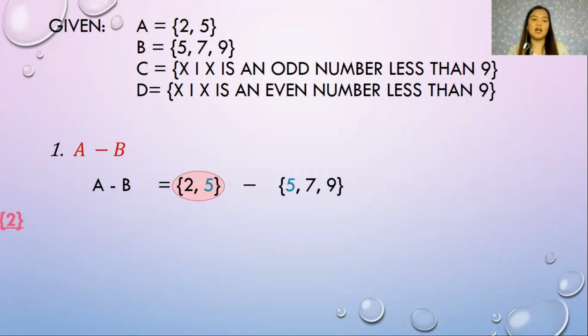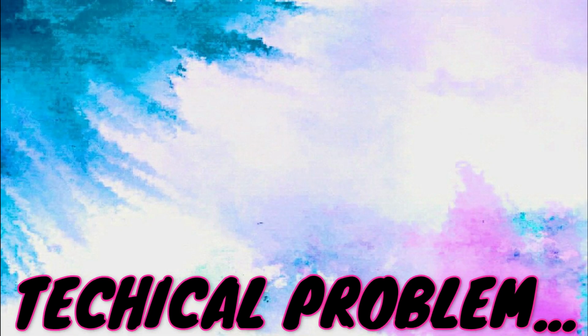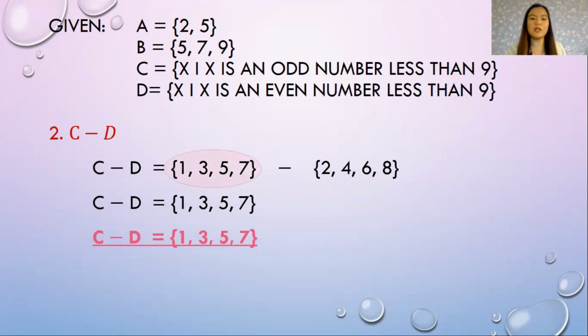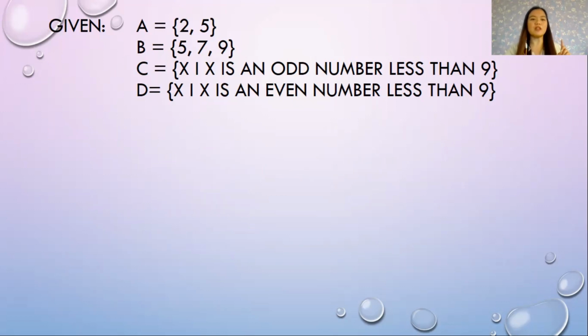At yung natira na lang is 2. Dito ka na mag-focus. We are just going to focus on the first set. So, yan na yung answer. Walang matatanggal dyan kasi walang magkaparehong element at mag-focus ka lang sa first set.